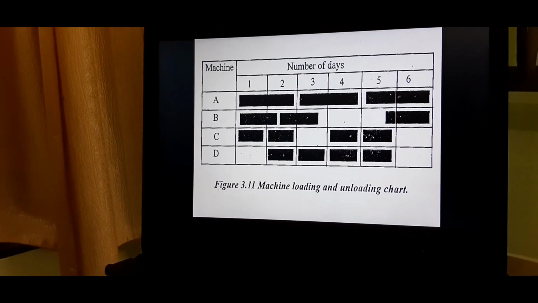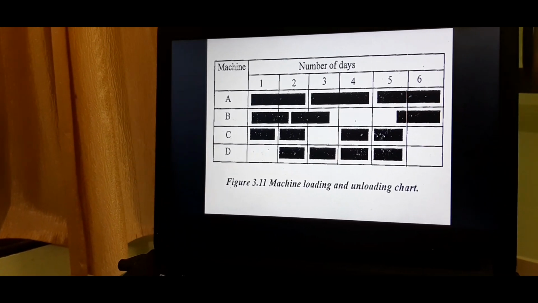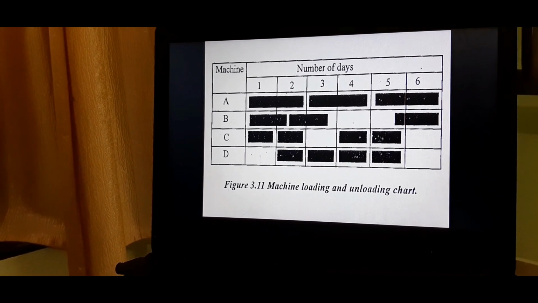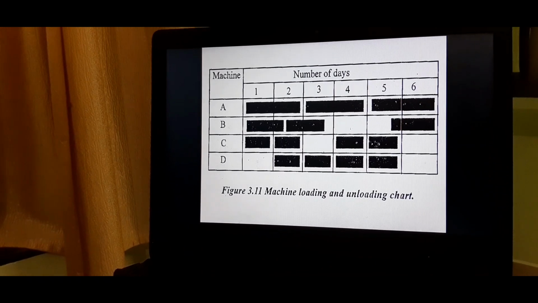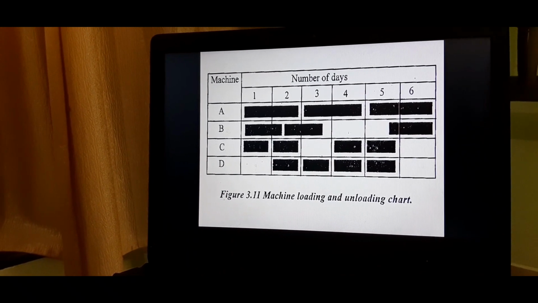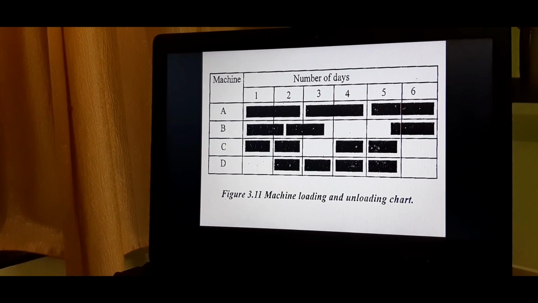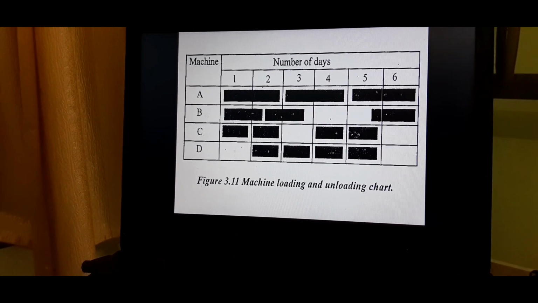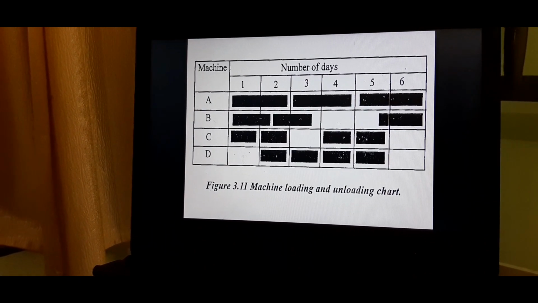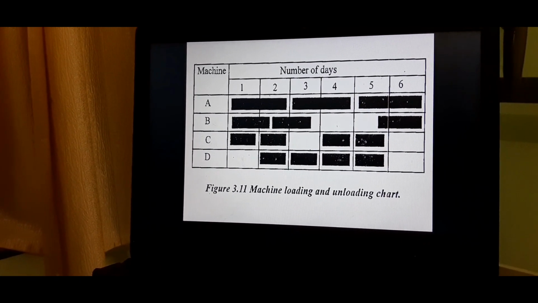Second one is use the vertical axis to represent activities. Third one, represent each activity by a horizontal bar of appropriate length. These three steps are very essential to construct a Gantt chart.